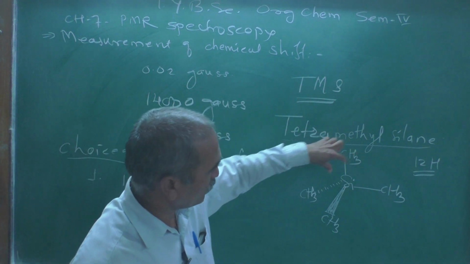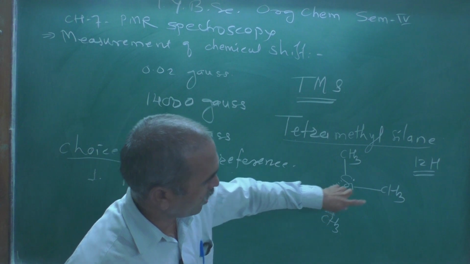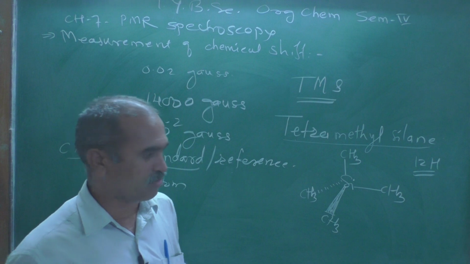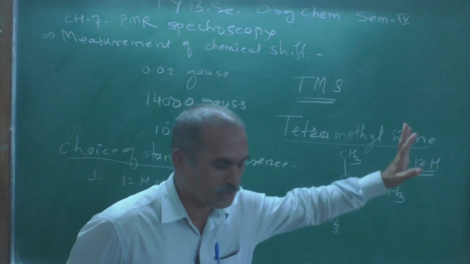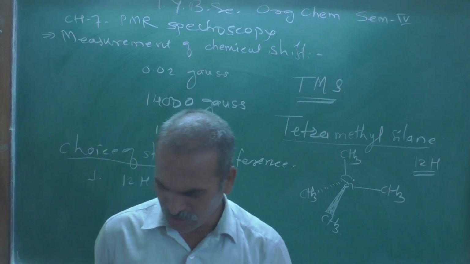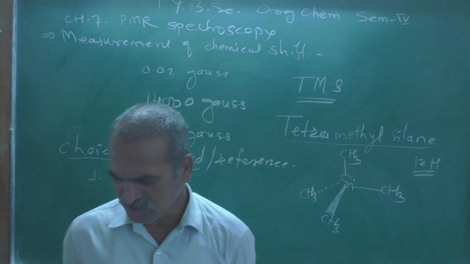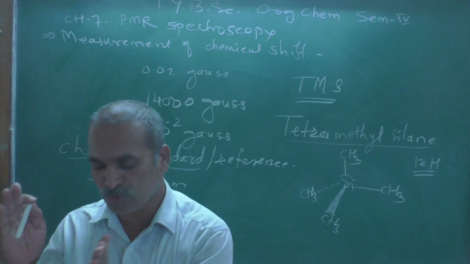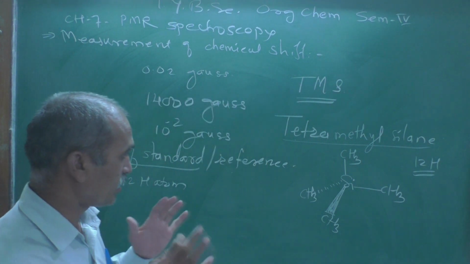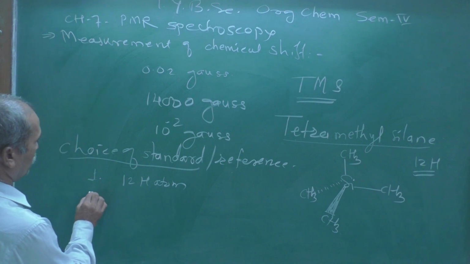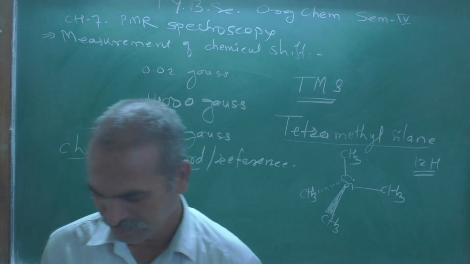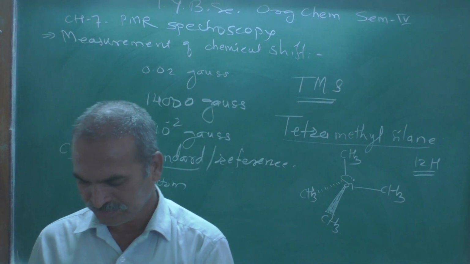See this methyl group, this methyl group, there are 4 methyl groups, and each carries 3 hydrogen atoms. The total is 12, and therefore it produces one sharp signal corresponding to 12 hydrogen atoms. That is one criterion for a good reference compound.